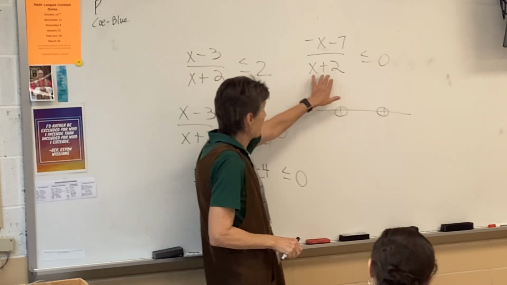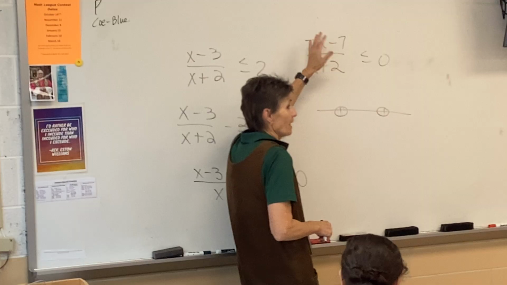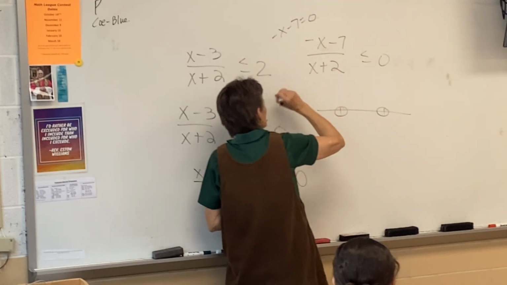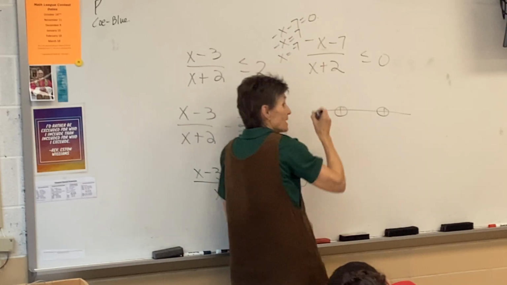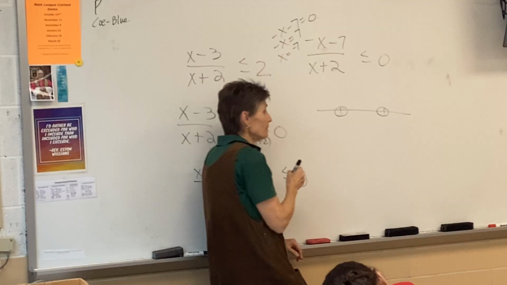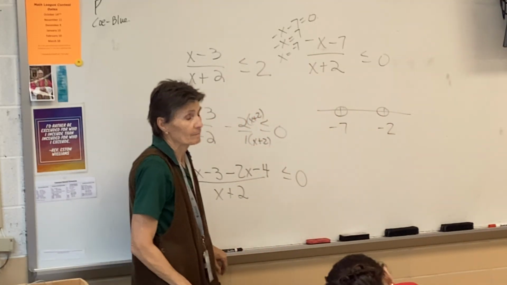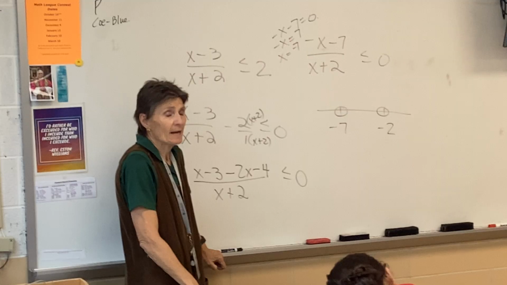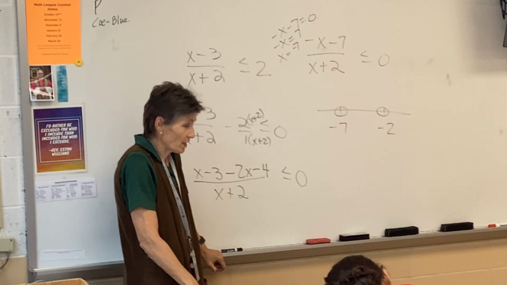I know my denominator dot can be at -2. The numerator one has a lot of negatives floating around, so I'm gonna go ahead and set it equal to 0 and solve it. And it looks like x is at -7. So -7 and -2 are my dots. And then I need to figure out where to shade.